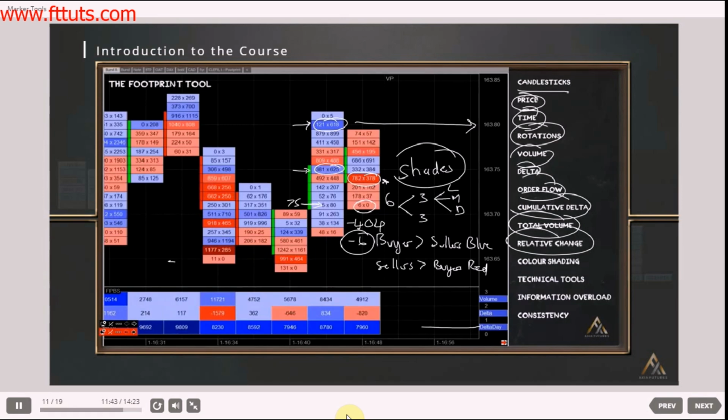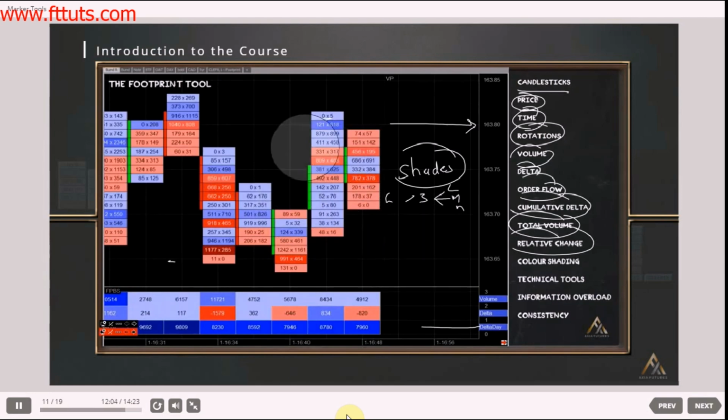So to summarize, blue is when there's more buying interaction at each price. Red is when there's more selling interaction at each price. The shades vary according to how positive or how negative the delta is.